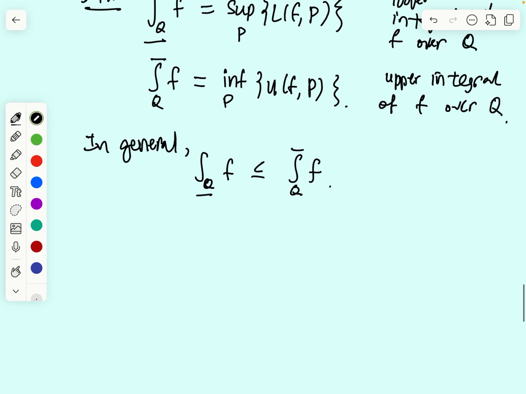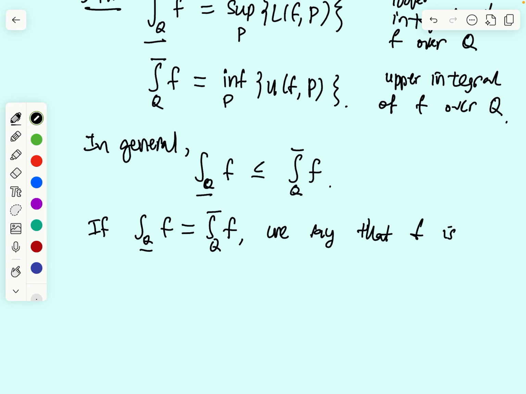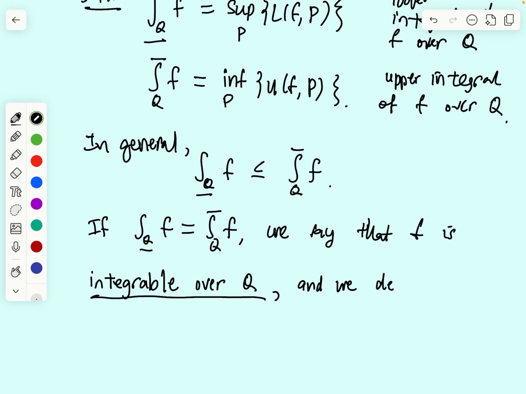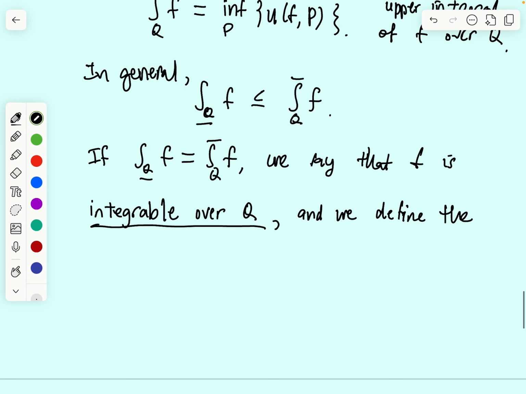Now suppose that they're the same. If this lower integral equals the upper integral, we say that f is integrable over Q, and we define the integral of f over Q to be this common value.